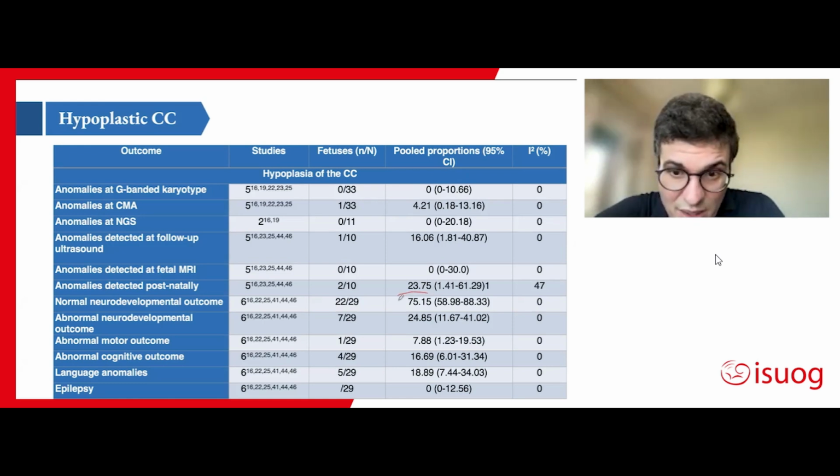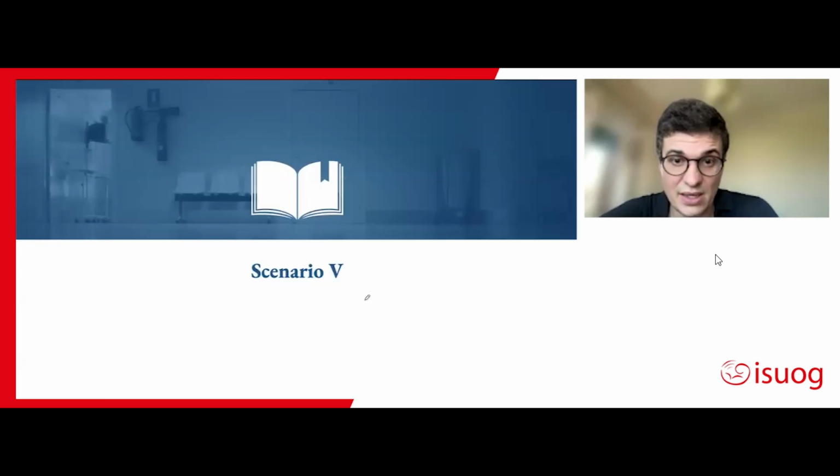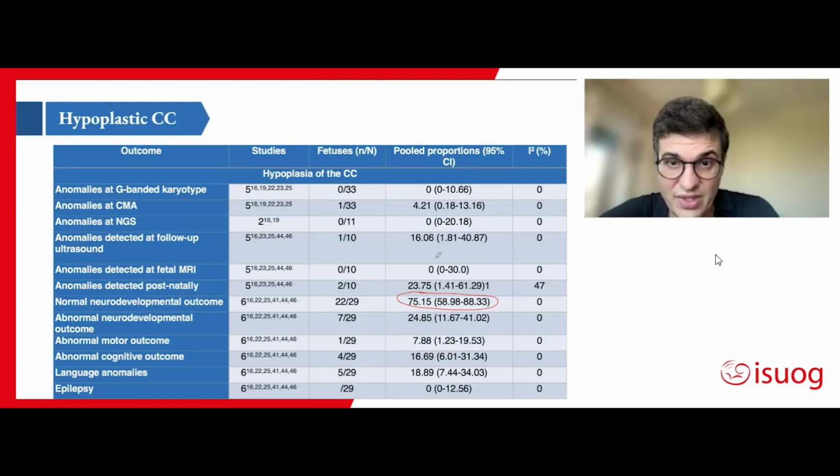Abnormal neurodevelopmental outcome was reported in 75% of cases, but I was very suspicious that in most of these cases there were actually not just hypoplastic corpus callosum, but rather partial agenetic corpus callosum itself. But at least this is the most recent evidence on this topic.